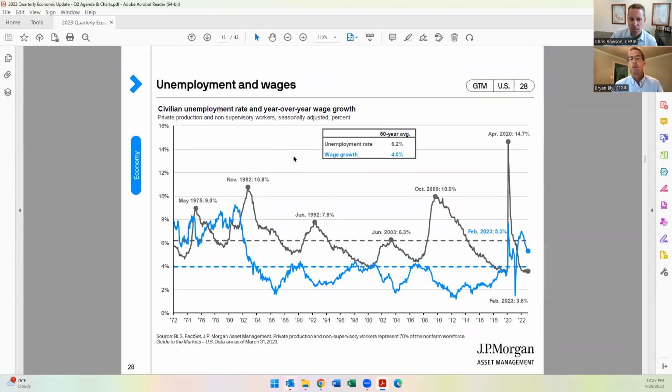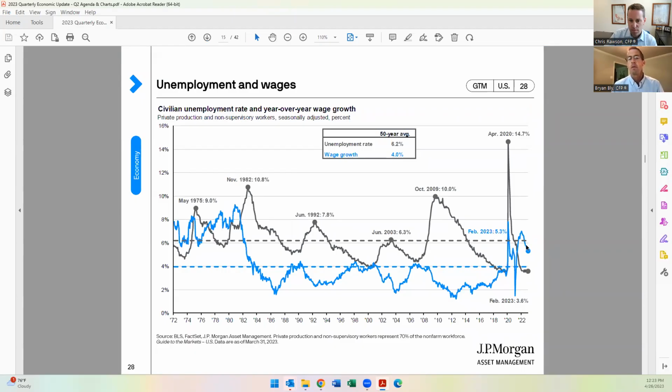The black line here is showing the unemployment rate. We're currently at a 3.6 level. One thing of note, though, is the wage pressure, which ultimately follows through into the inflation side. The wage pressure has subsided.